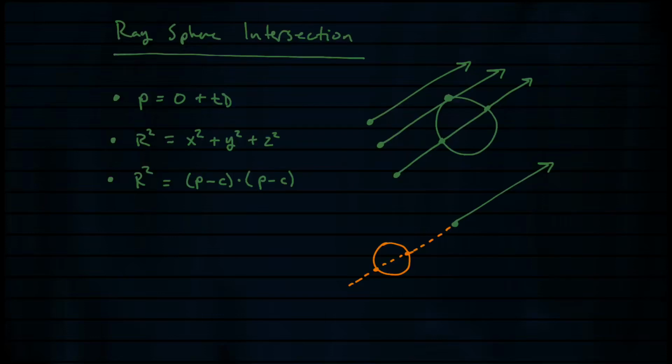However, if we make a slight modification here, we're going to say that this is a function of t. So the origin plus t times the direction. We can take our equation here, r squared equals p of t minus the center of the sphere, dot product with p of t minus the center of the sphere.